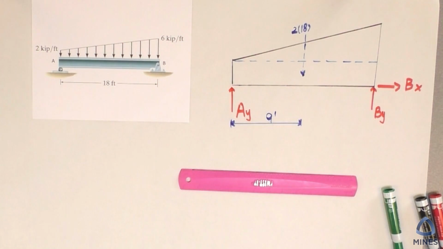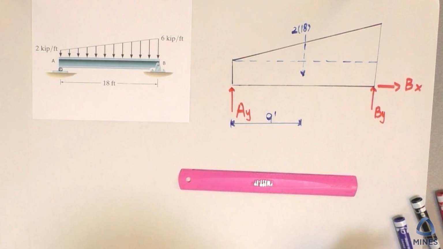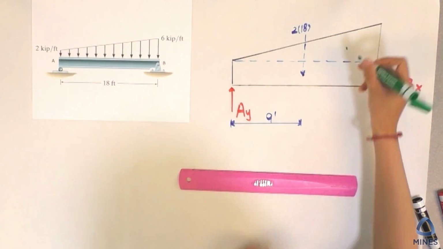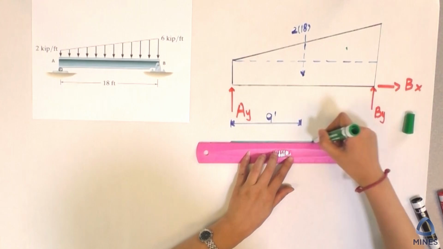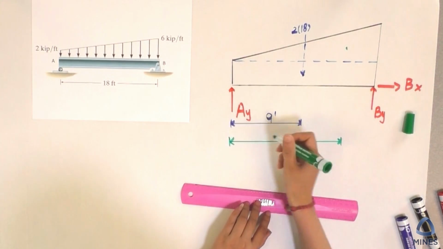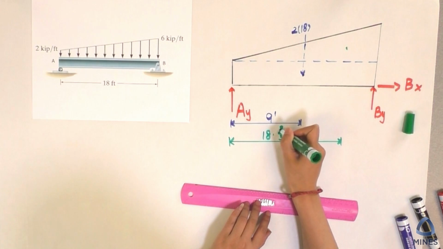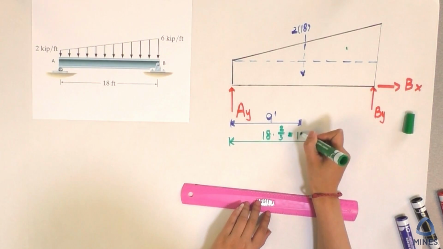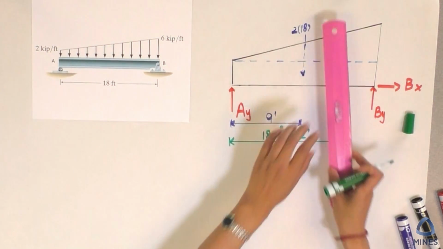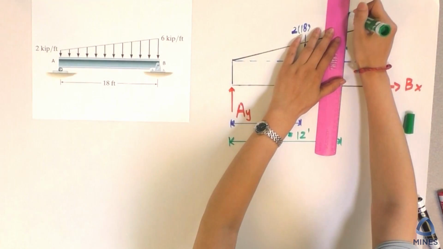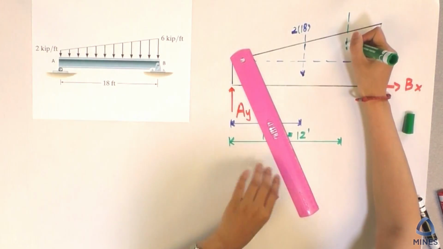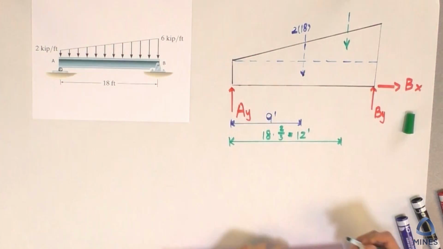So now, don't forget the triangle load. We haven't simplified it. The centroid for the triangle load will be 2/3 from the tip, which means the distance will be 18 multiplied by 2/3, 12 feet. So what is the magnitude for this simplified triangle distributed load?